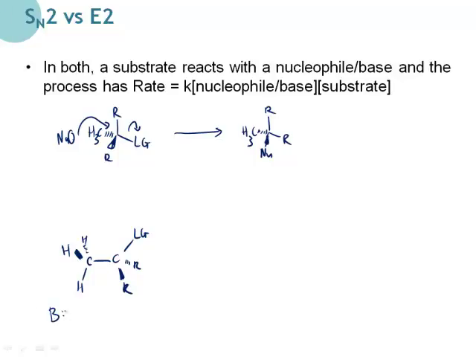So if those requirements are met, which they are in this case, the base can pull off the hydrogen, simultaneously forming a new bond as the leaving group leaves. You can get an alkene product like this.